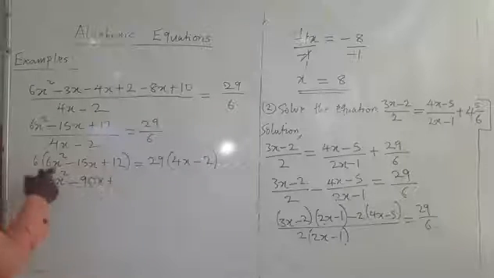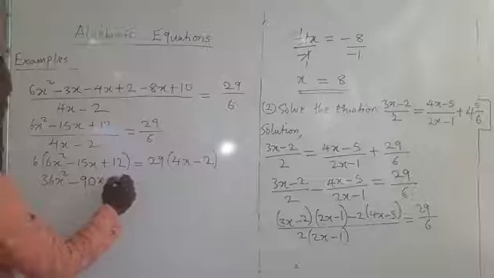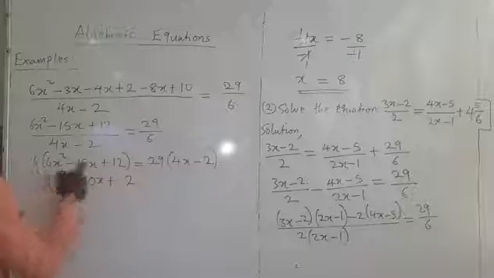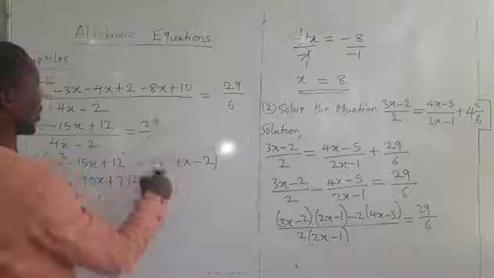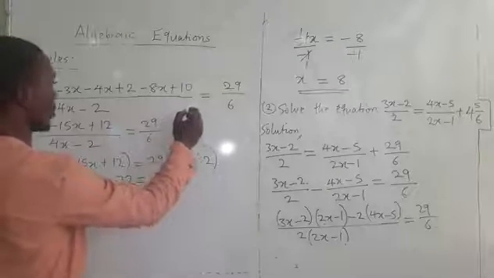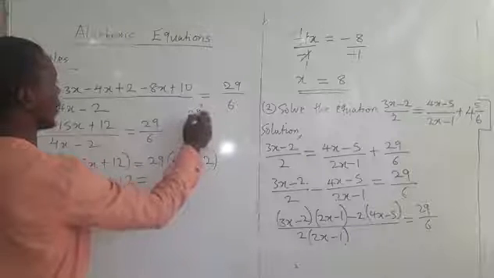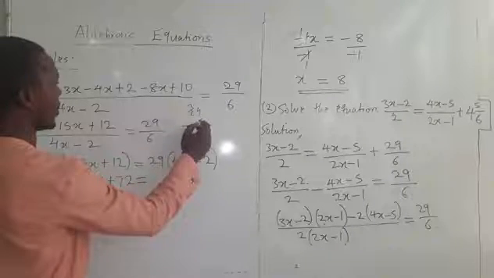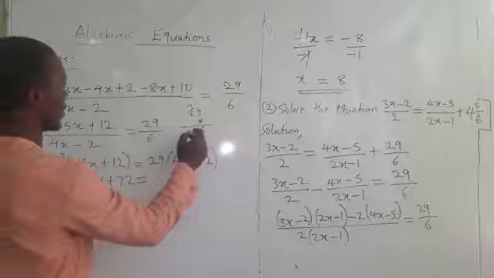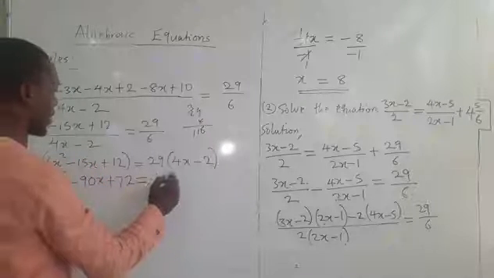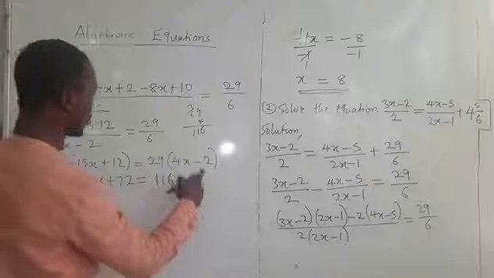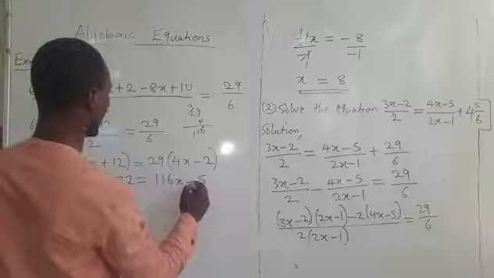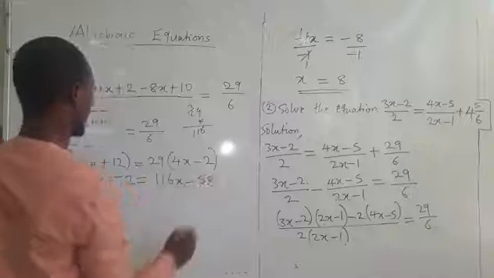Then plus 6 multiplied by 12, that is 72, equals 29 times 4, that's 116x, minus 29 times 2, that is 58.